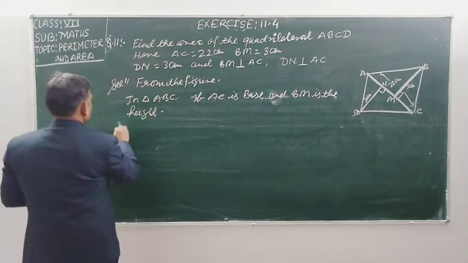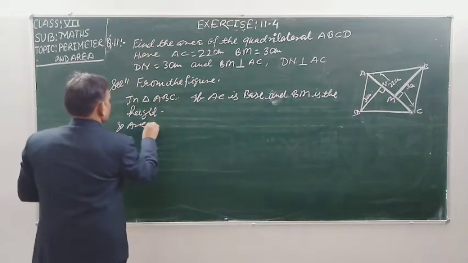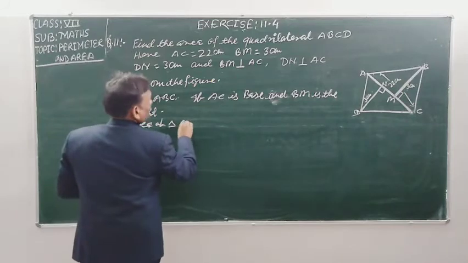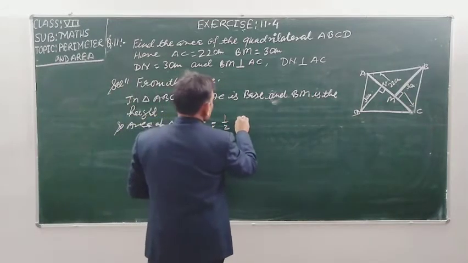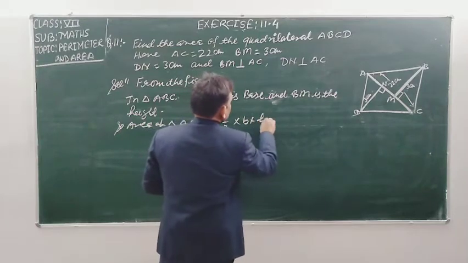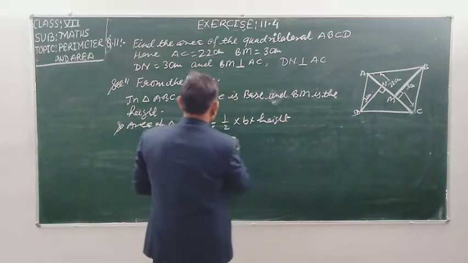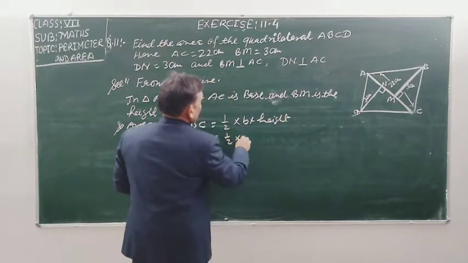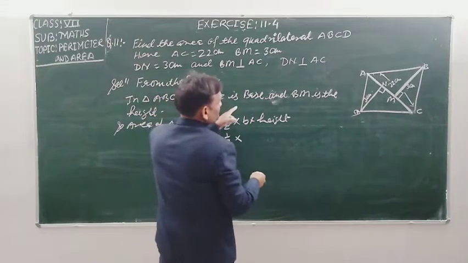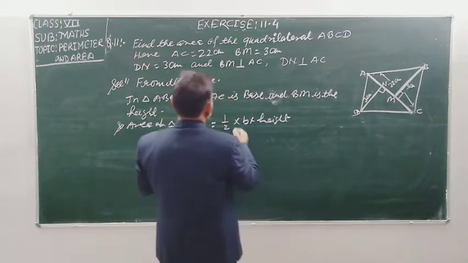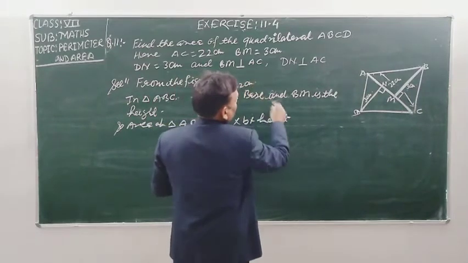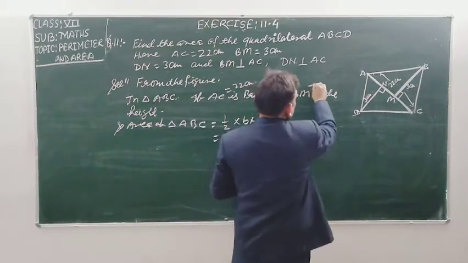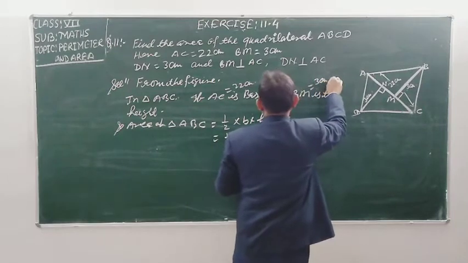So area of triangle ABC is equal to 1/2 into base into height. 1/2, base is given, AC is equal to 22 centimeter and BM is equal to 3 centimeter.